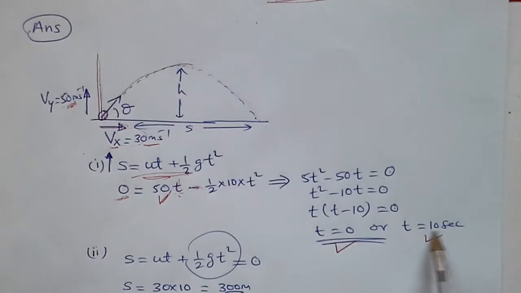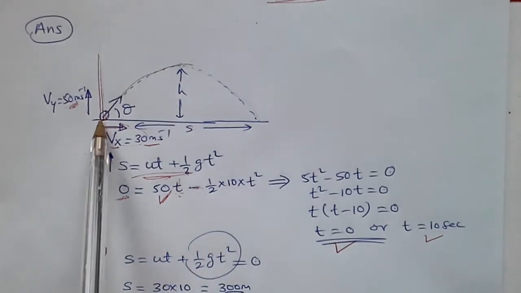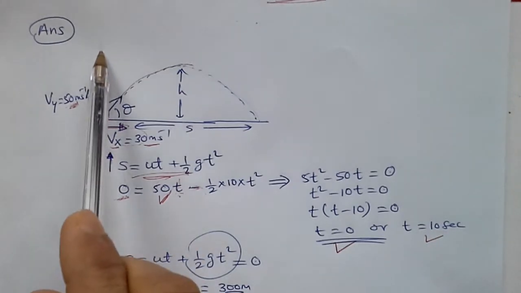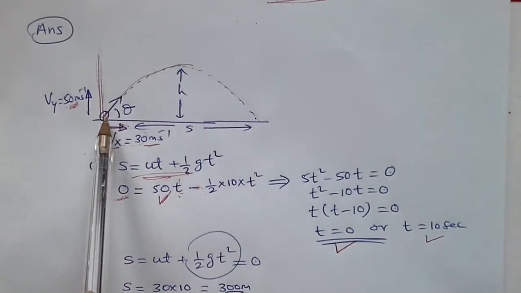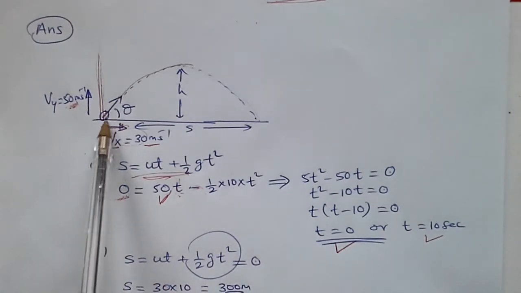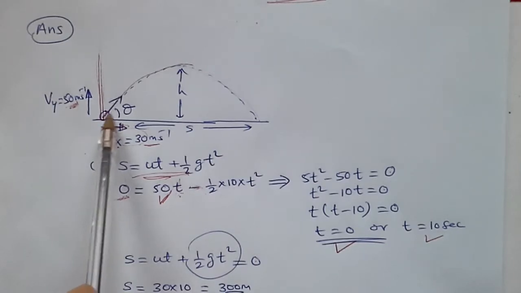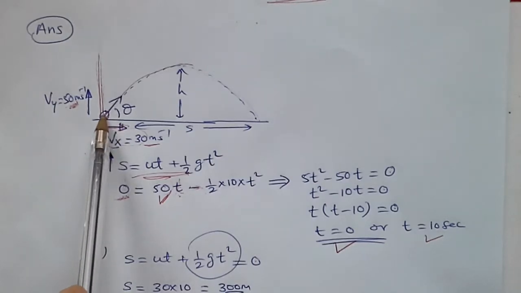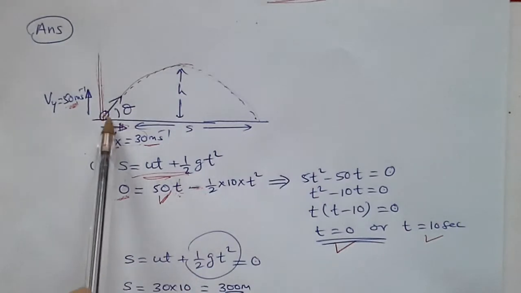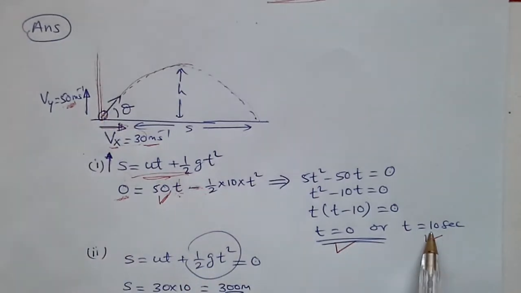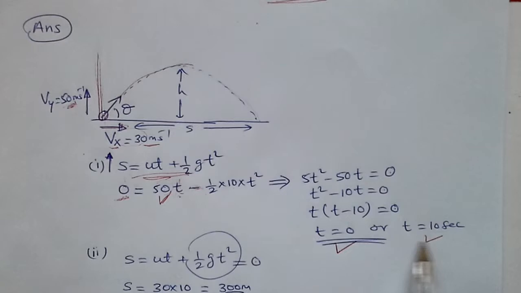And t equals 10 represents that it goes upward and comes back to the same point. So t equals 0 represents you started to throw, and t equals 10 represents it again reaches the same point. So this is our total time of flight.